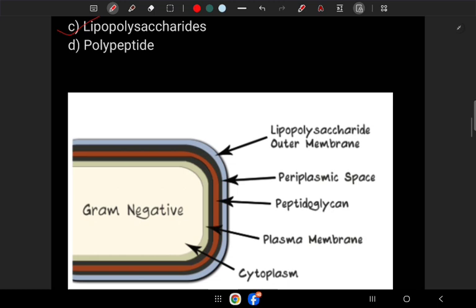This outer covering is called lipopolysaccharide, sometimes called glycocalyx or capsule. In gram-negative bacteria it is present, but in gram-positive bacteria the lipopolysaccharide layer is very thin or sometimes absent. So endotoxin comes from lipopolysaccharide and exotoxin from the DNA of the bacteria.